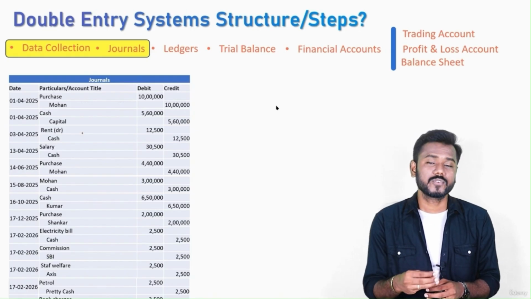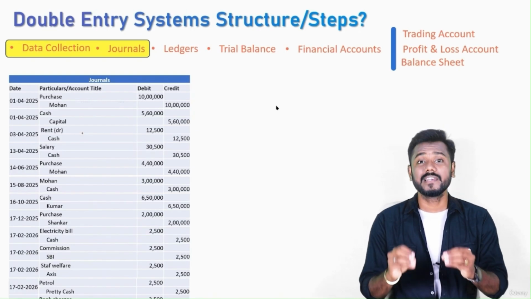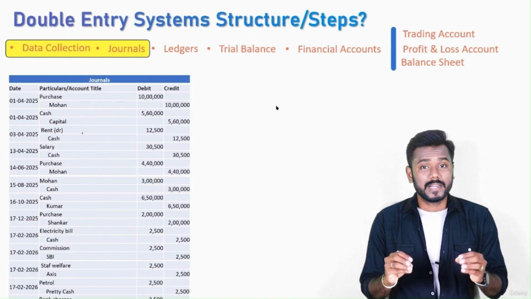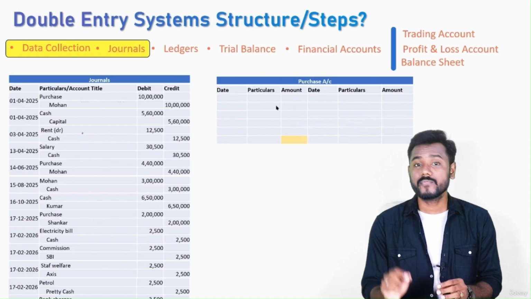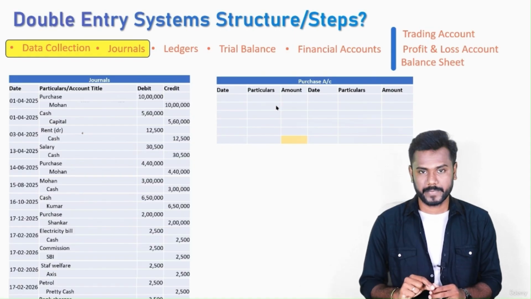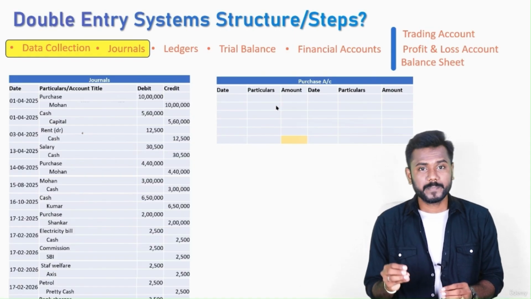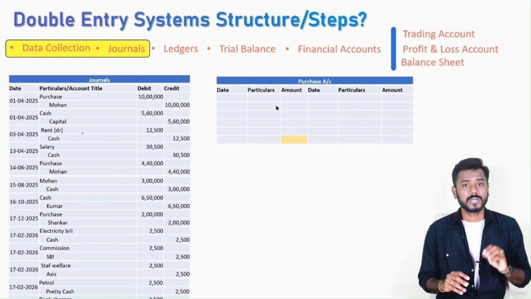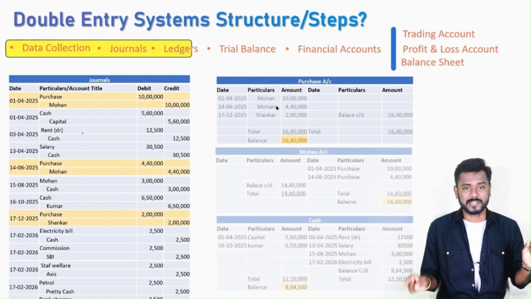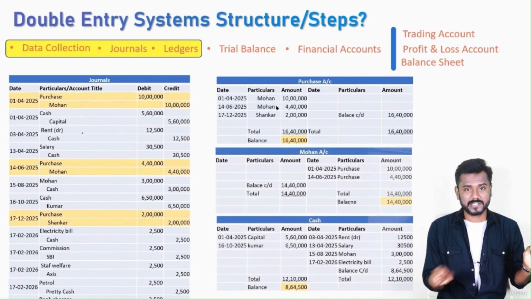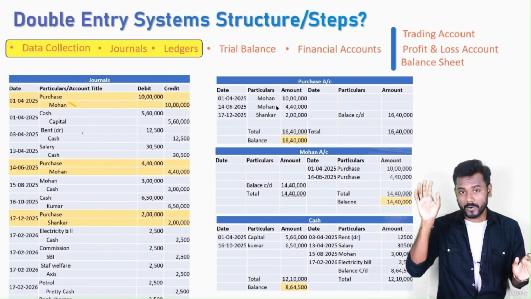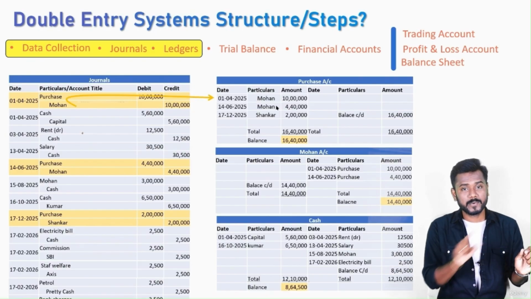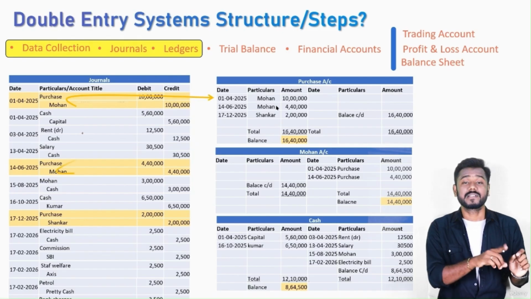So we'll move to the next step, that is called ledgers. Ledger is a statement which shows the summary of each account held. The first account we prepare is purchases. So I will open a purchases statement. From all of these 10,000 transactions, I will keep posting all purchases into the purchases book.